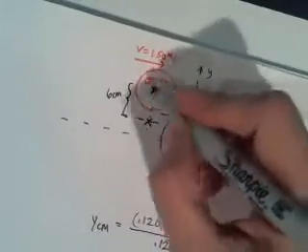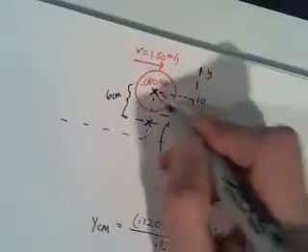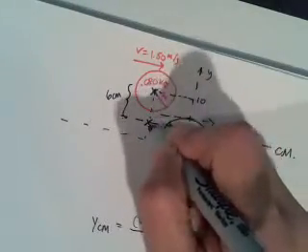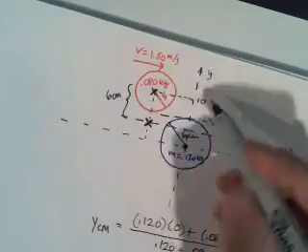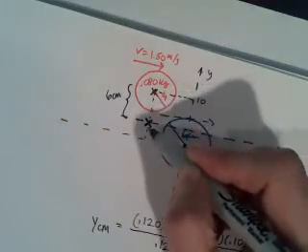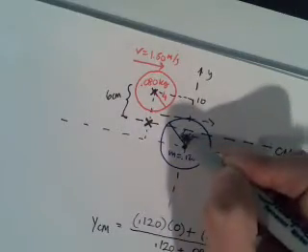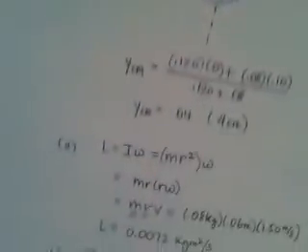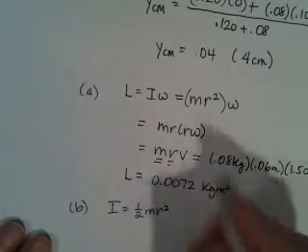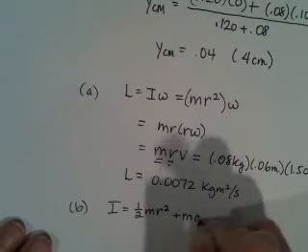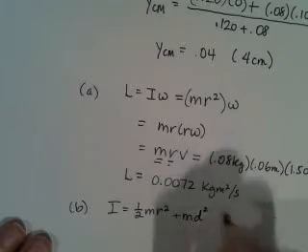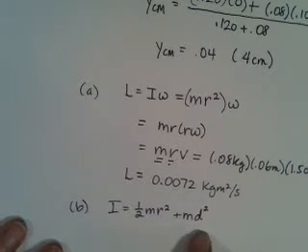That's the moment of inertia about its center. By the parallel axis theorem, if we want the moment of inertia about the center of mass, we have to shift that axis a total of 6 centimeters to its new location. So this is the radius of the puck, but md squared will be shifting due to the parallel axis theorem.